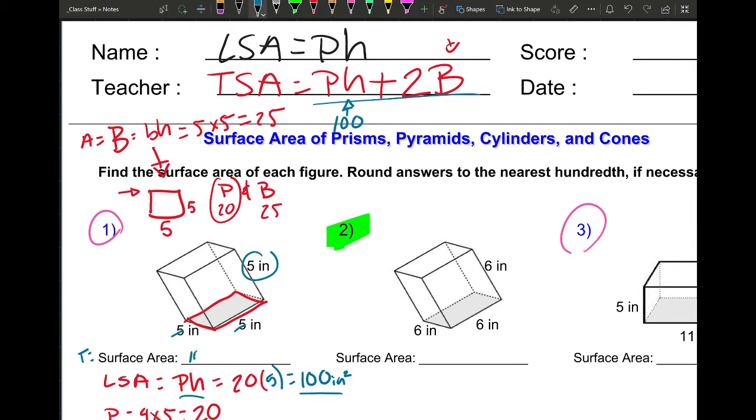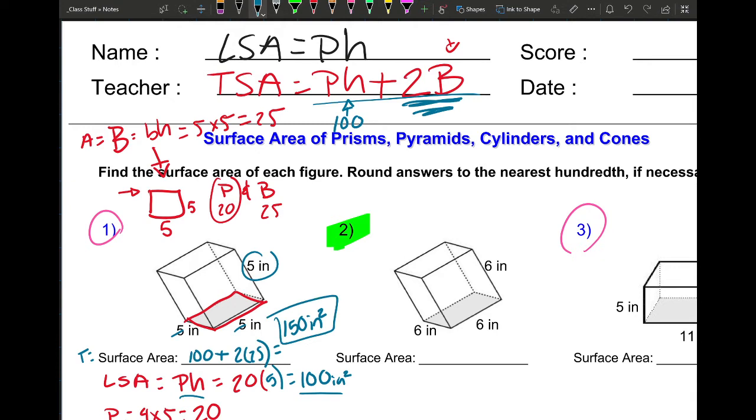I'm going to do 100 plus 2 times the base. Well, I know 1B is 25. So 2 times 25 gives me 50, plus 100. The total surface area is 150 inches squared.